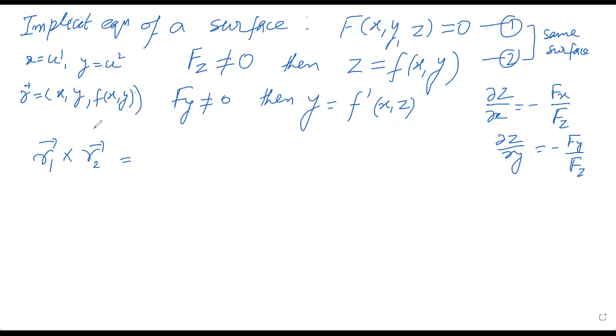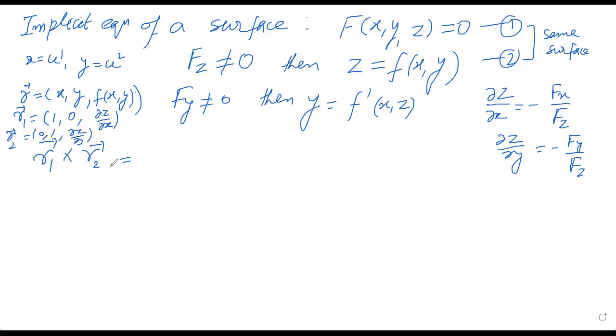Your R1 cross R2: R1 means with respect to the first variable (1, 0, del z over del x), because f(x, y) is your z. Similarly R2 comes as (0, 1, del z over del y).